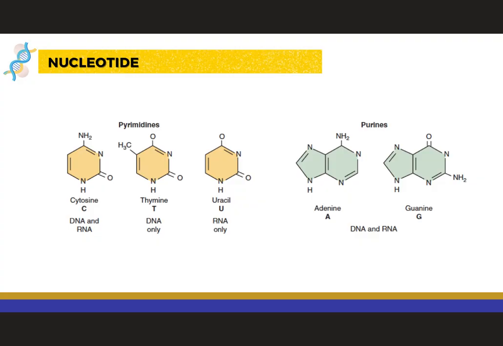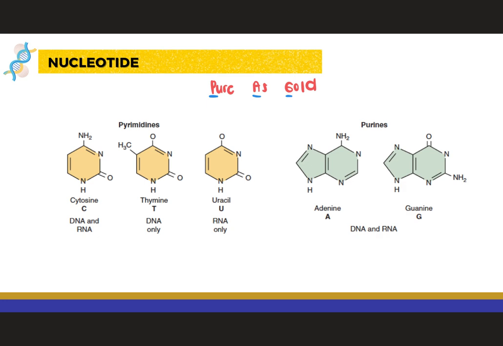So, para di ako malito, ang palatandaan ko dito is pure as gold. So, pure as gold. Purine for adenine and guanine.